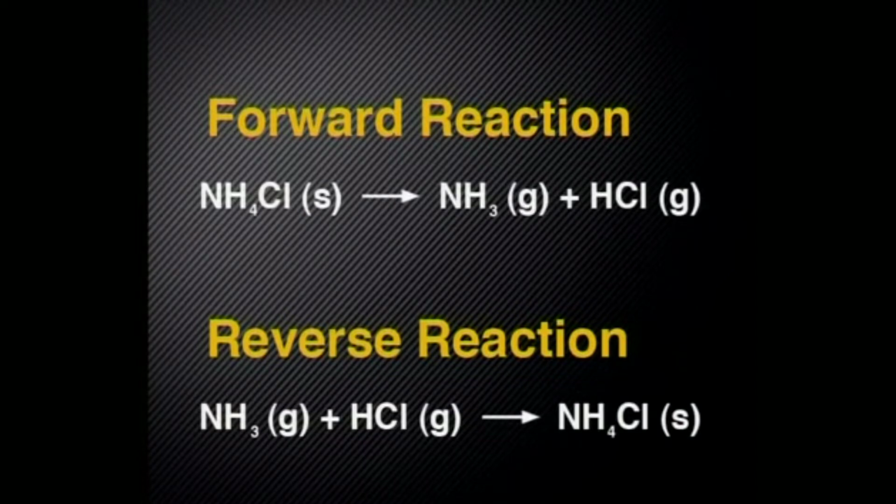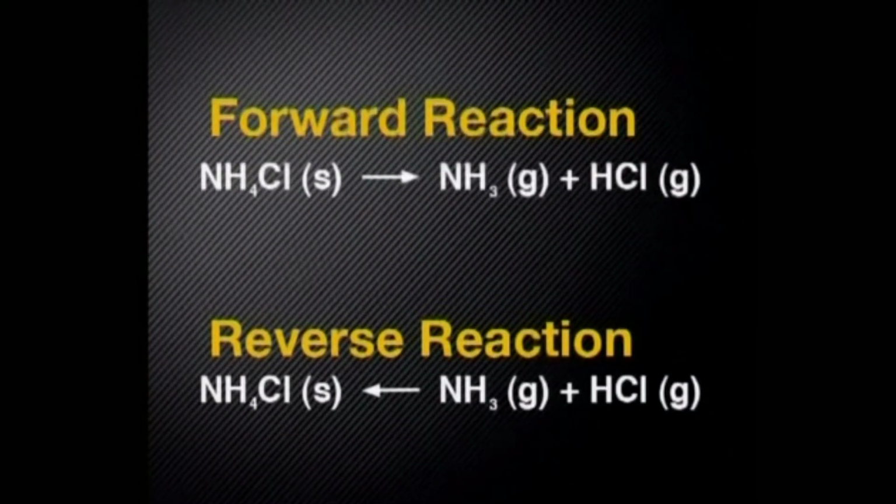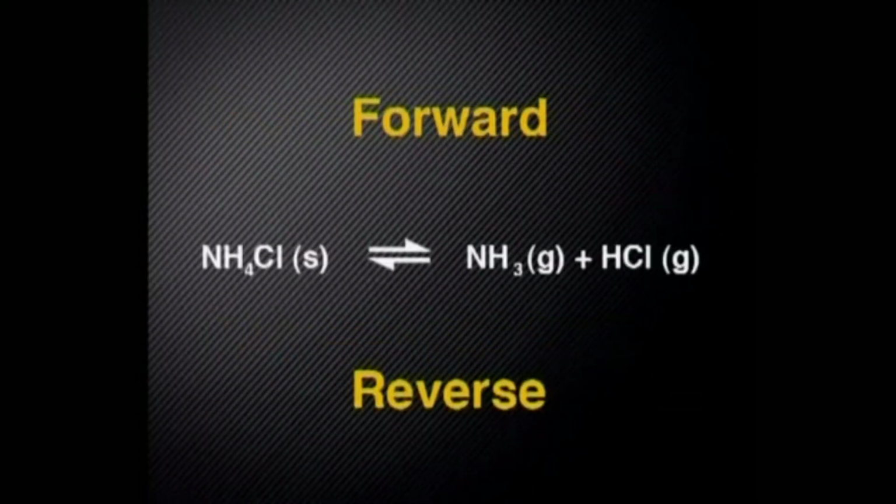So we have these two processes occurring simultaneously at equal rates. We can take these two equations and combine them together with a double-headed arrow to indicate that we have a reversible chemical reaction that could approach equilibrium.